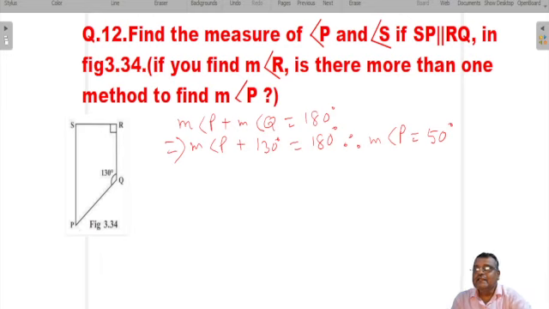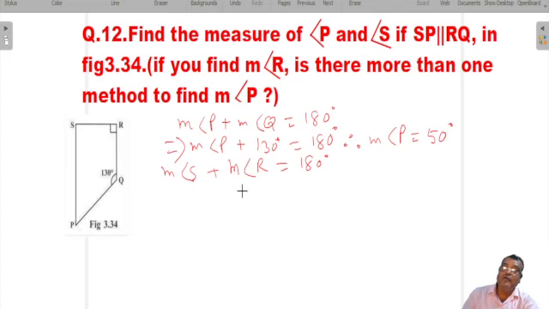Let us see about S. You see, this one is parallel to this and SR is the transversal. Obviously, measure of angle S plus measure of angle R is equal to 180 degree because the sum of adjacent angles is 180 degree.